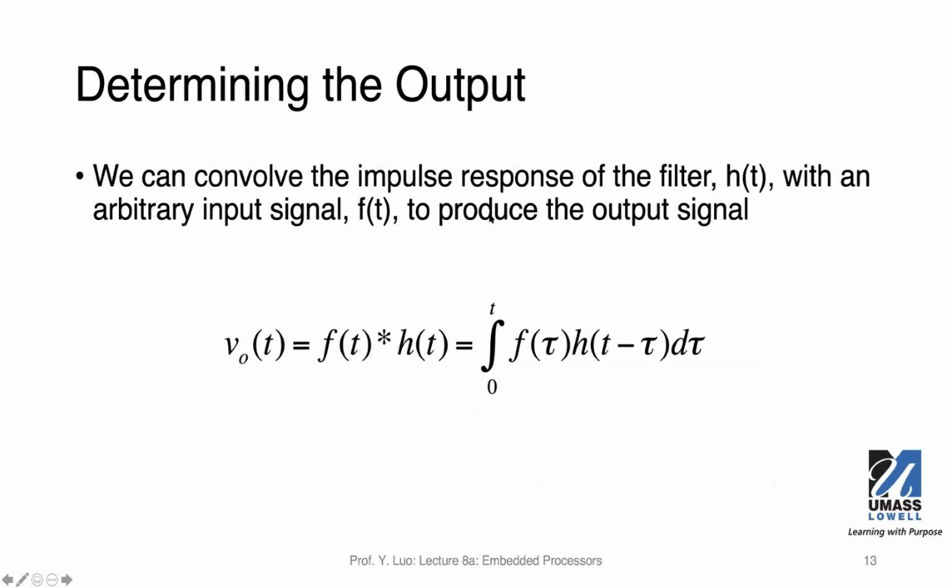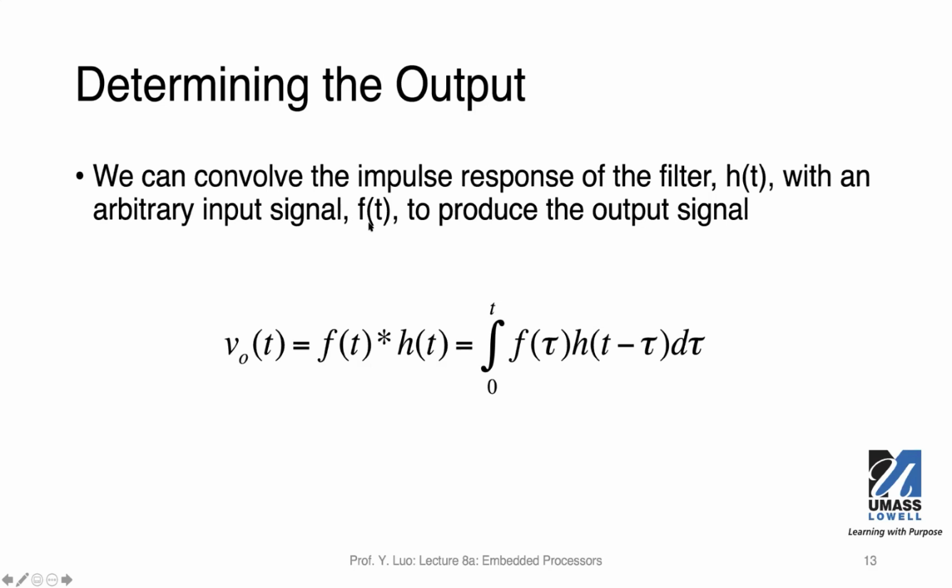And the way we determine the actual output signal is to do a signal convolution process. This convolution process will apply this impulse response function, which is determined by the filter itself, so this is h(t), with the actual input signal, f(t) here.